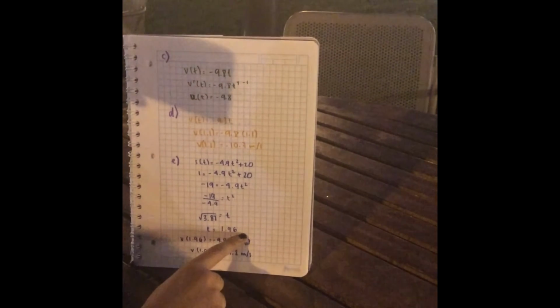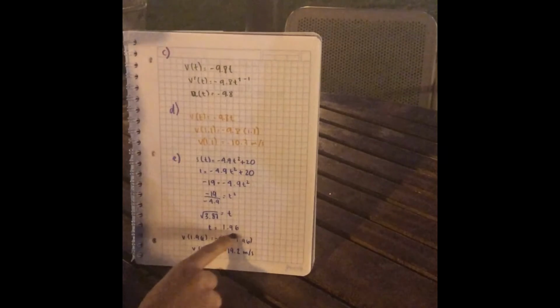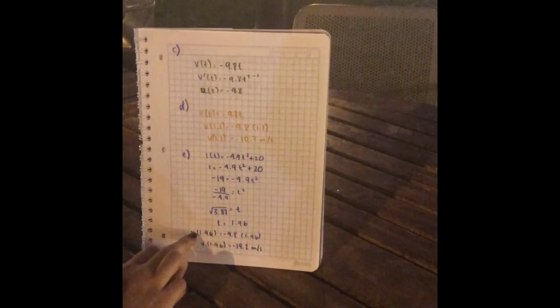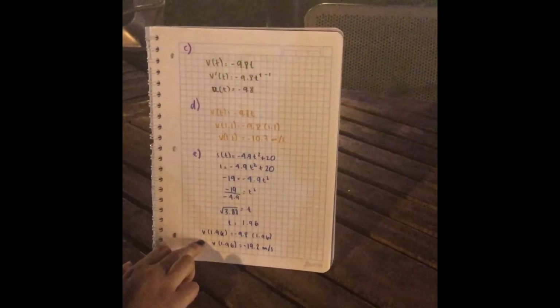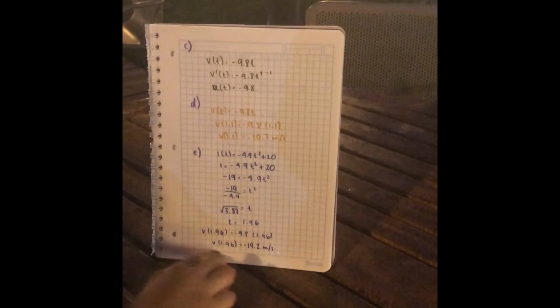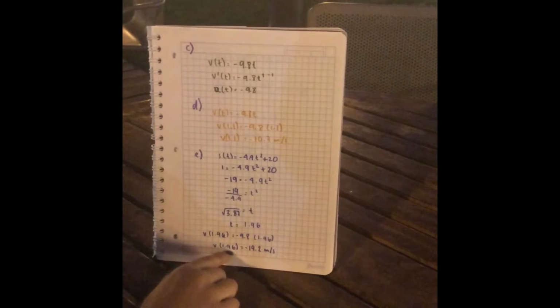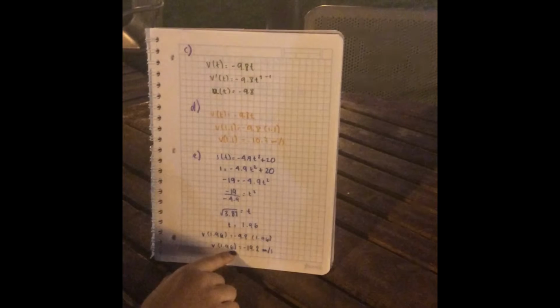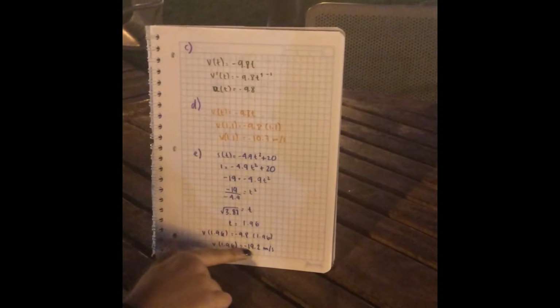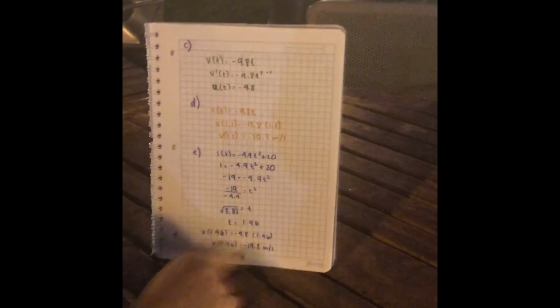But we were asked the velocity, so we substituted our time in the velocity function to find out that the velocity after 1.96 seconds at 1 meter was minus 19.2 meters per second.